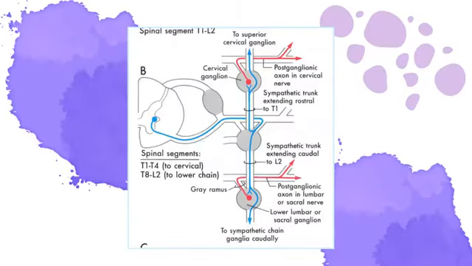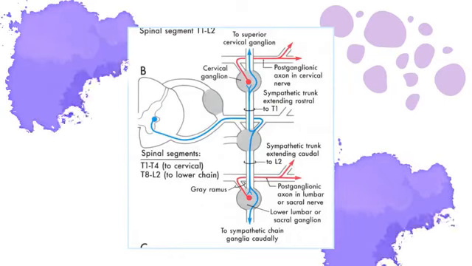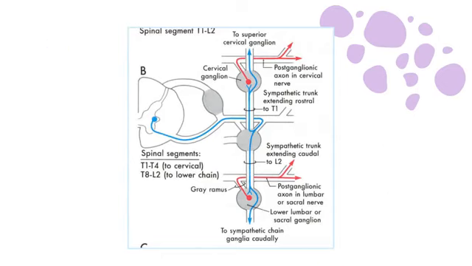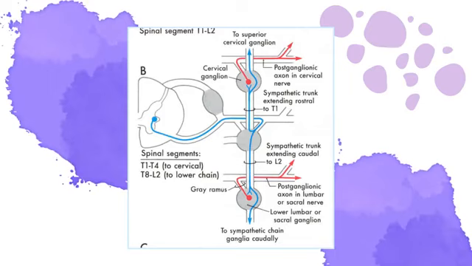The sympathetic trunk in the cervical region receives no white communicating rami. So where do they get the preganglionic fibers then for the cervical sympathetic ganglia? Well, the preganglionic fibers for the cervical sympathetic ganglia are going to originate from the upper 4 thoracic segments of the spinal cord.